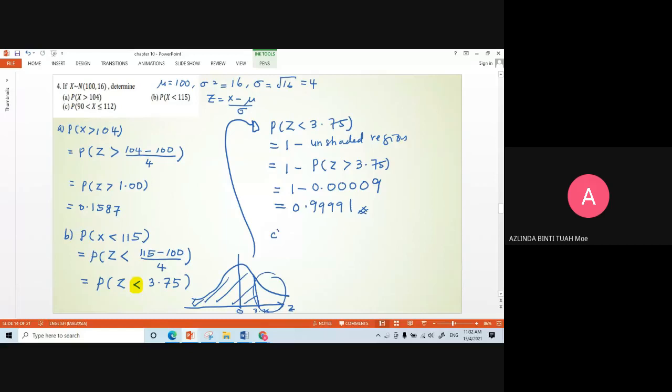Okay, soalan C. Probability 9 less than x less than equal to 112. Okay, convert pergi Z. Anyone please calculate the value for me?